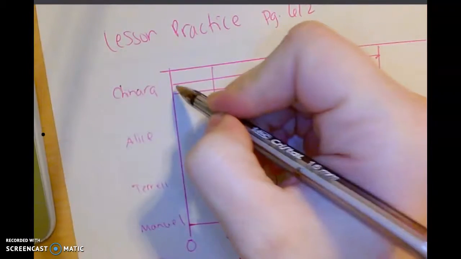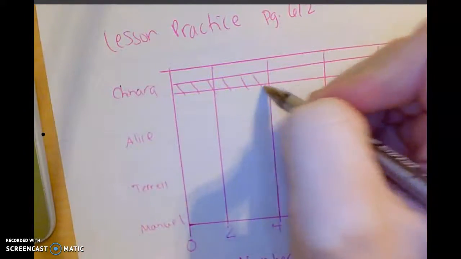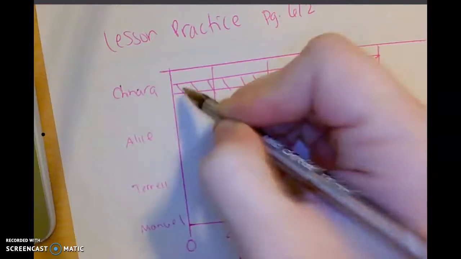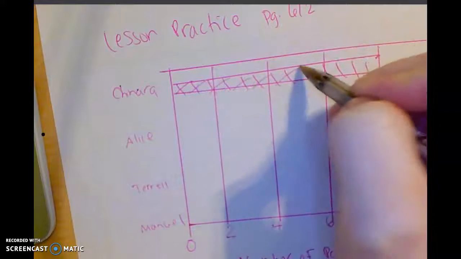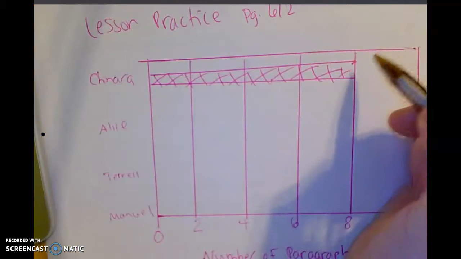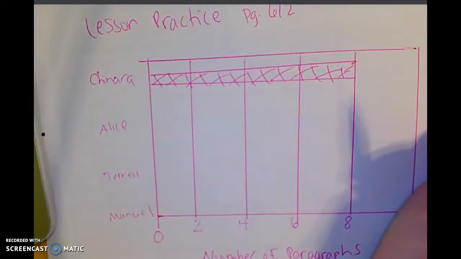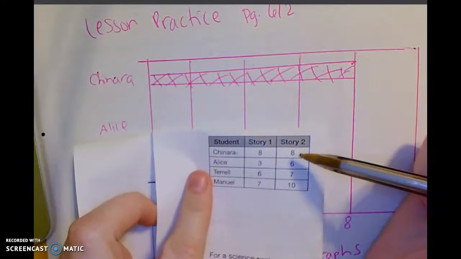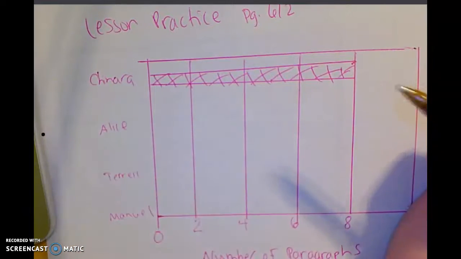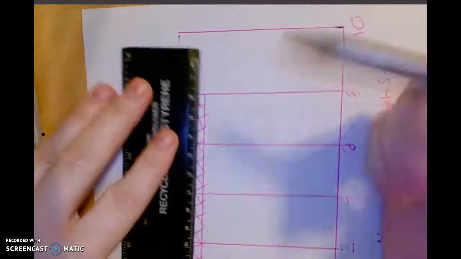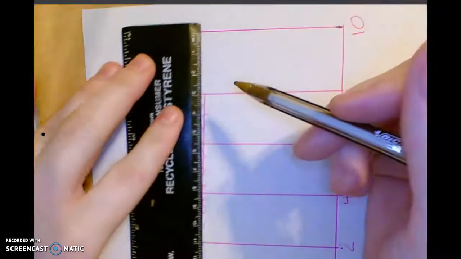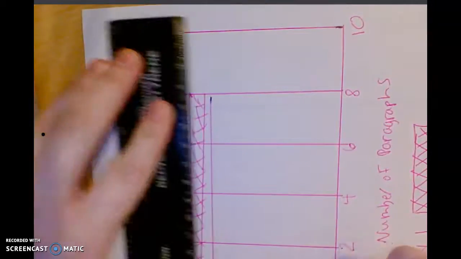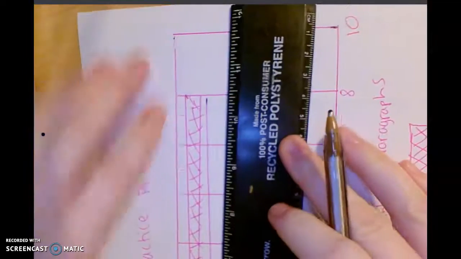Alright, that's 1. What did she get on story 2? Oh, both stories she did that. So now I'm going to do another one.